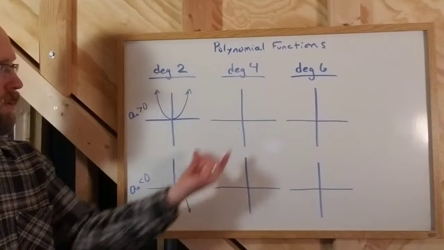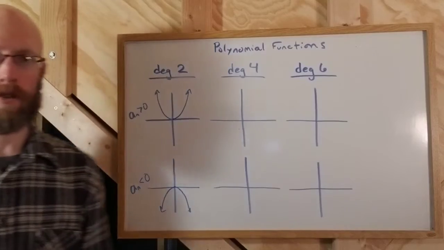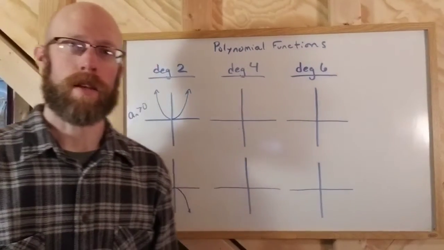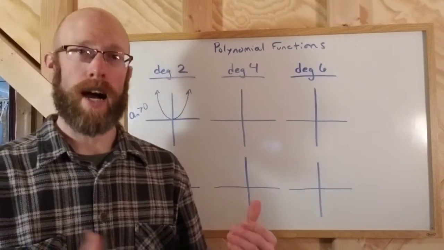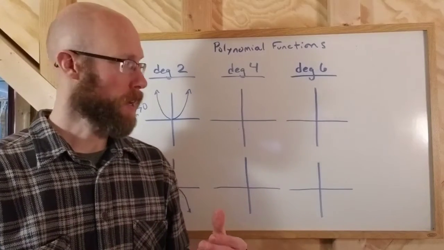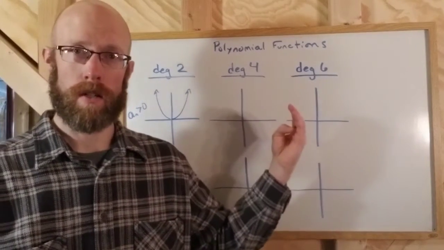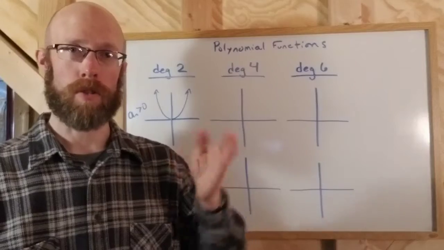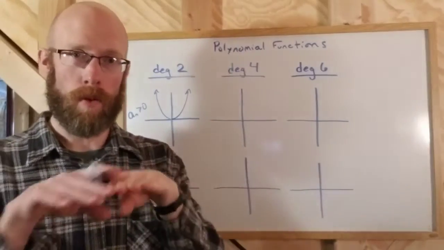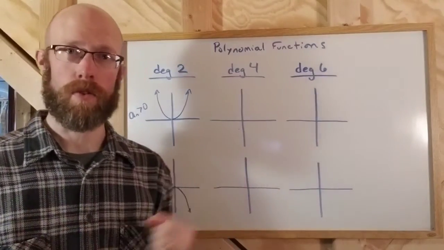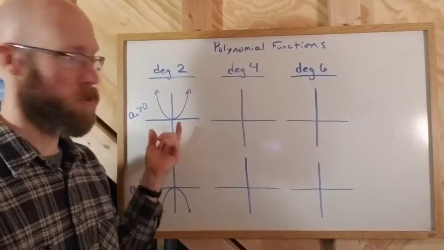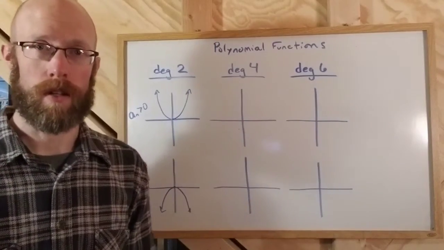Okay, so now if I jump over to fourth degree polynomials, what we'll find is similar to the odd polynomials, where as you increased in degree, the odd polynomials shot up steeper, but they were flatter in the middle. The same sort of phenomenon occurs with even degree polynomials.